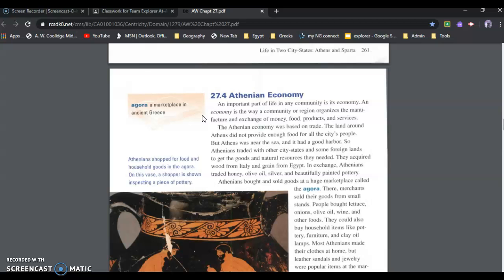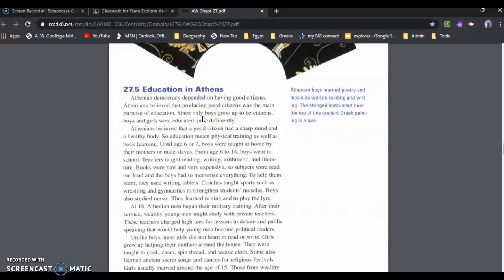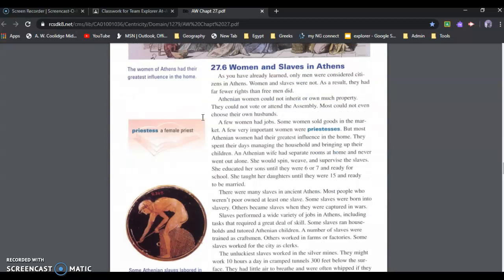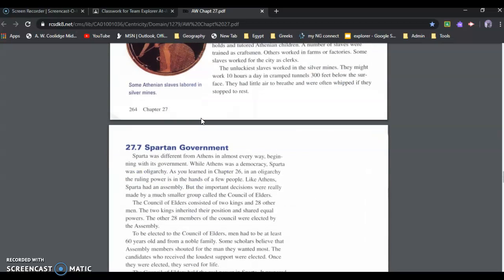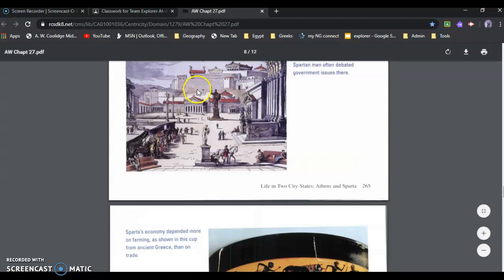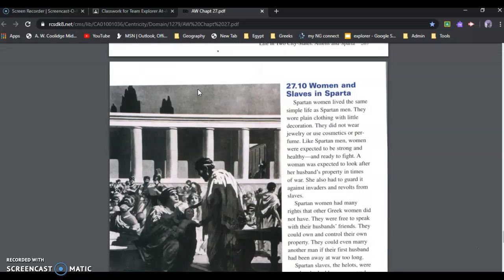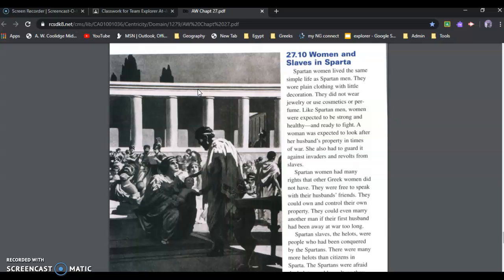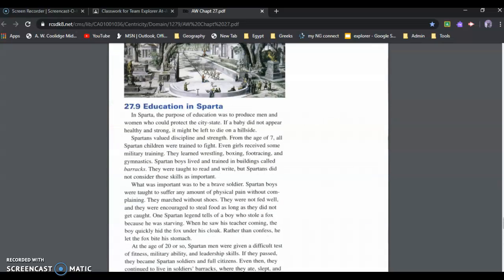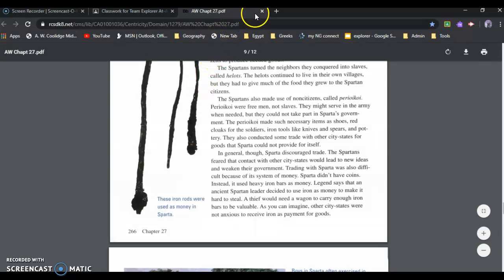That's what it means when it's talking about economy. Then another topic about Athens, education, and then women and slaves in Athens and what their life was like. Then it's going to start talking about Sparta and the same topics: Spartan government, economy, education, women and slaves. So first they talk about one city-state, Athens, and all the topics about that, and then they talk about Sparta and all the topics about that.